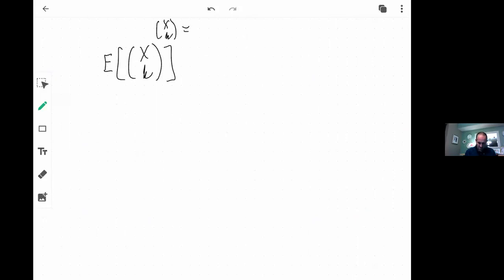X choose k is equal to the number of k sets of events A1 through AM that happen. X is counting the number of events that happen, and I'm just choosing k of them. So I'm choosing k of those events that happened.